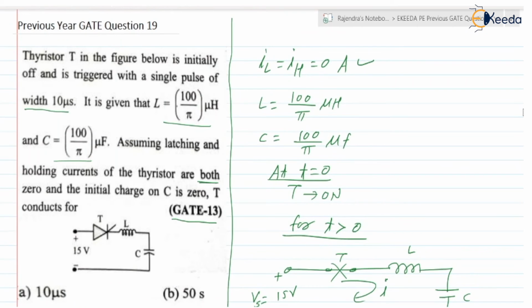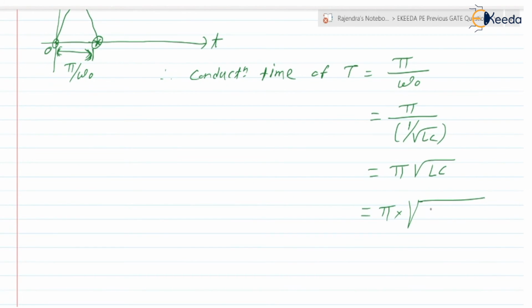L is 100 by pi microhenry and C is 100 by pi microfarad. So it is 100 by pi into 100 by pi, into 10 to the power minus 6 into 10 to the power minus 6, which I write as 10 to the power minus 12.